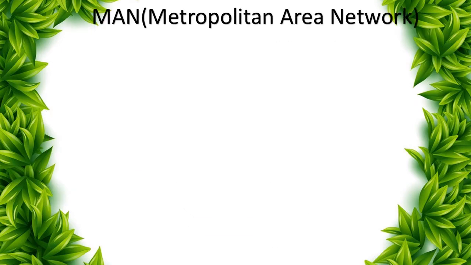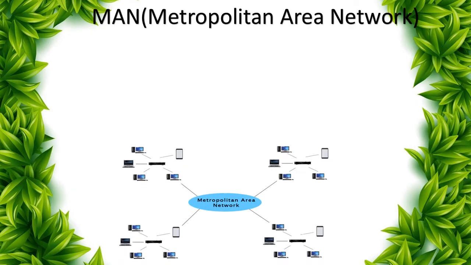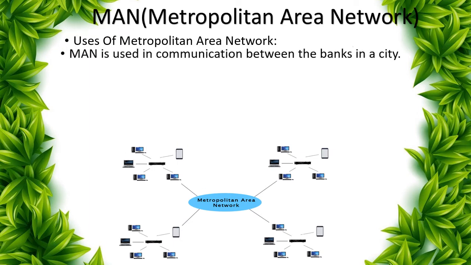See here, there are multiple lines, right? It covers everything within the city. The best example is the TV cable connection, which is a metropolitan area network.